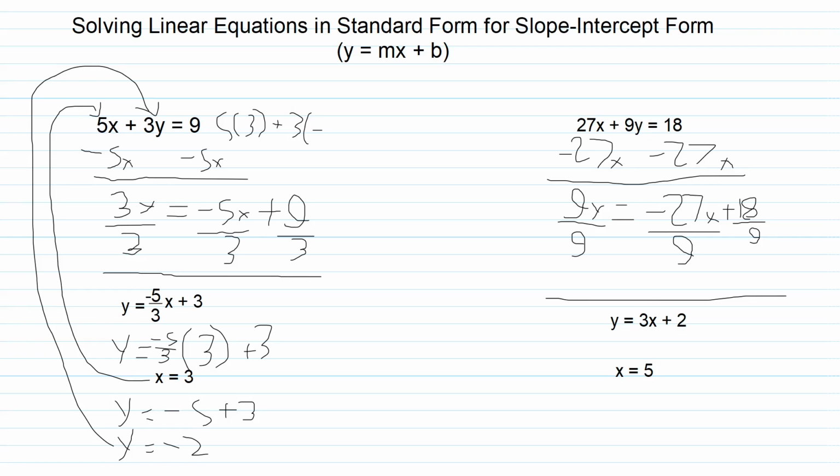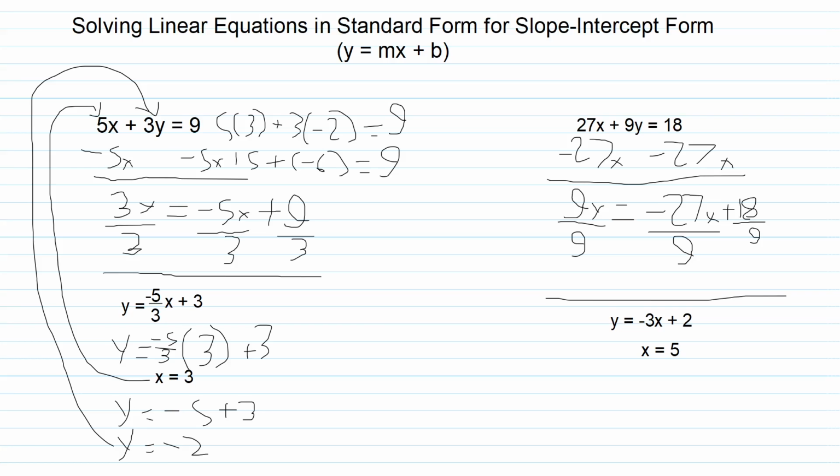This has to be equal to 9. If it is not equal to 9, we screwed up. So 5 times 3, that's 15, plus 3 times negative 2, that's negative 6. 15 plus negative 6 is equal to 9, which means we got the left side equation correct.